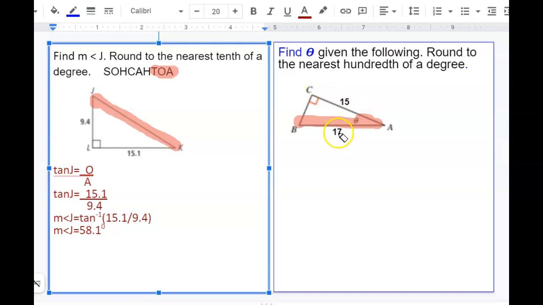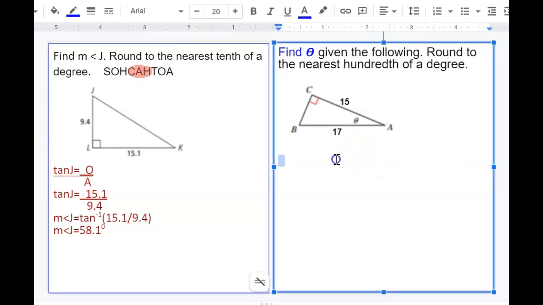So we know the adjacent side and the hypotenuse. So you ask yourself, what trig ratio links the adjacent side and the hypotenuse? If we go back to our SOHCAHTOA, adjacent and hypotenuse, that will be cosine, okay? So we'll use cosine to set up our equation.